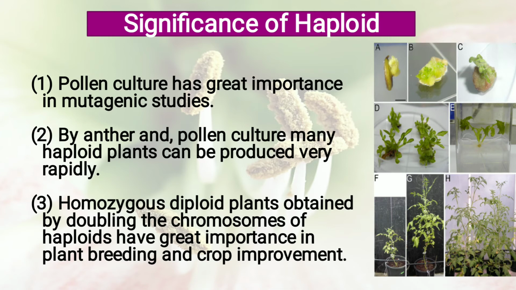The third one is that homozygous diploid plants obtained by doubling the chromosomes of haploids have great importance in plant breeding and crop improvement. Doubling of chromosomes is possible with the help of colchicine.